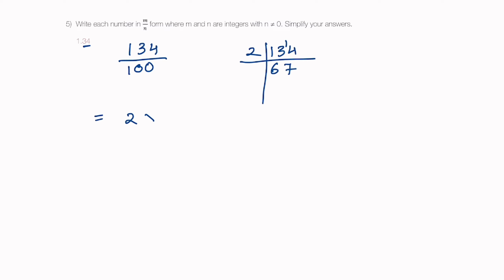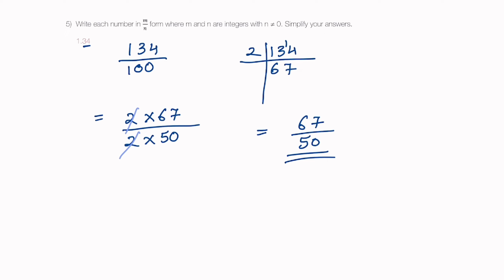So it's going to be 2 times 67, and this one we know it's 2 times 50. Do we actually need to factorize it? Of course not, because we know it. 2 and 2 out. That means the answer is 67 upon 50 and done.